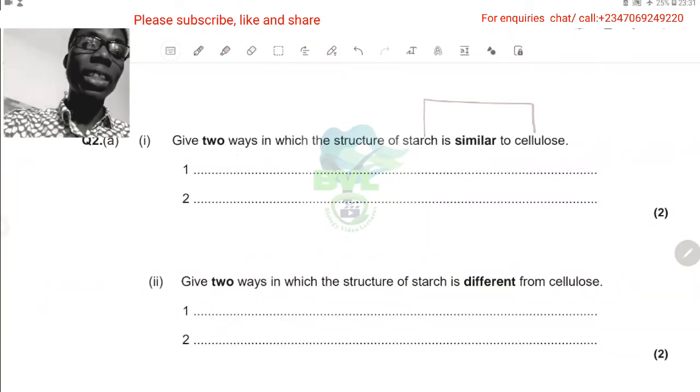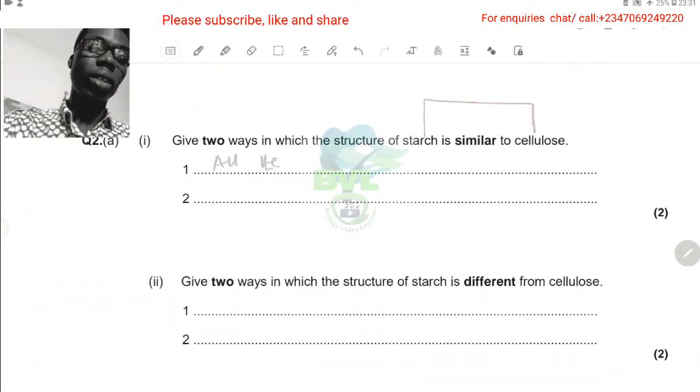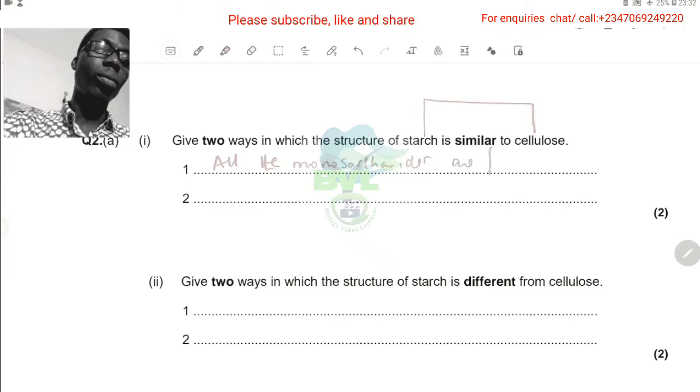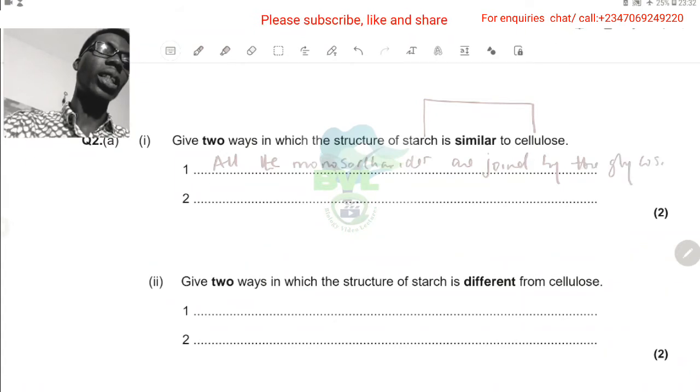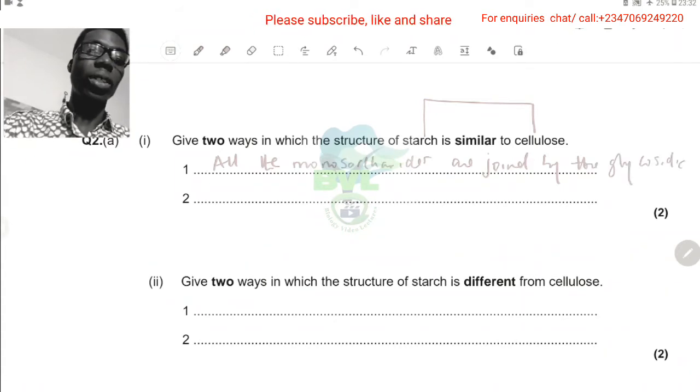So one of the similarities is that all the monomers, or let's just say monosaccharides, are joined by glycosidic bonds.